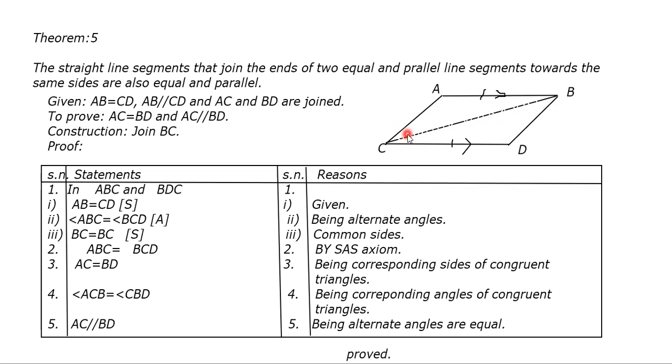Similarly, angle ACB and CBD are also equal, so alternate angles are equal, and then we can write they are parallel as well. It should be triangle ABC and triangle BCD.